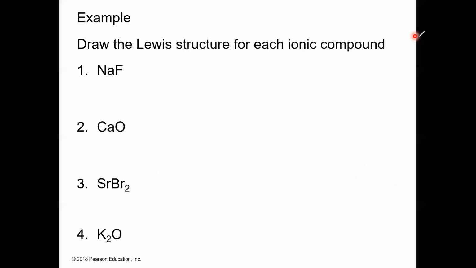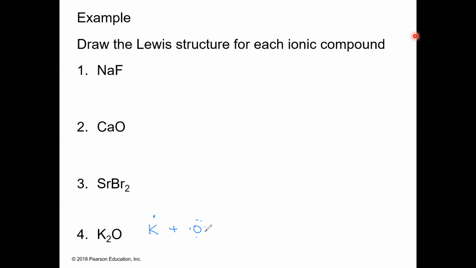All right, let's do something similar for our potassium oxide. We have our potassium, which has one valence electron, and we have oxygen, which has 1, 2, 3, 4, 5, 6 valence electrons.